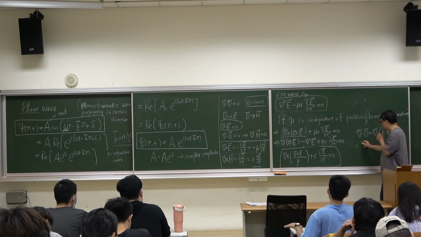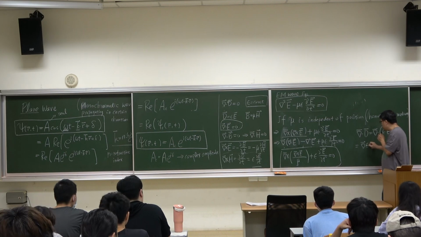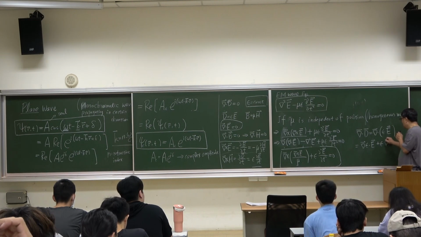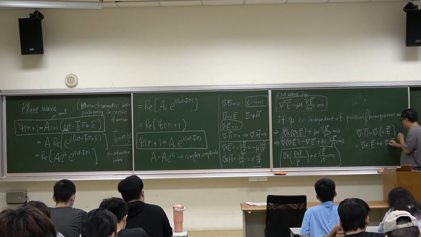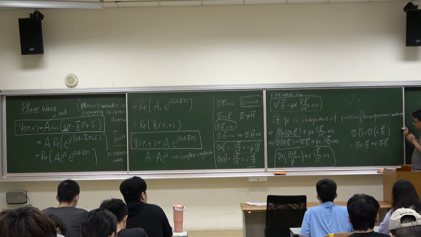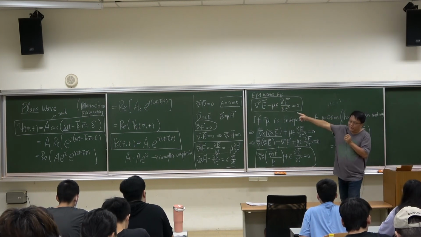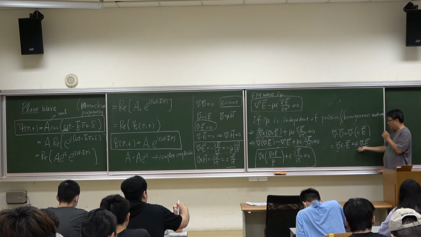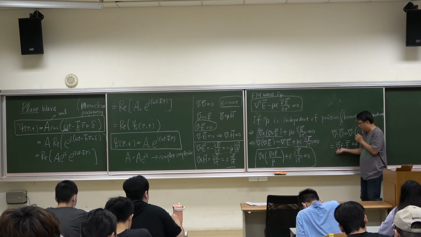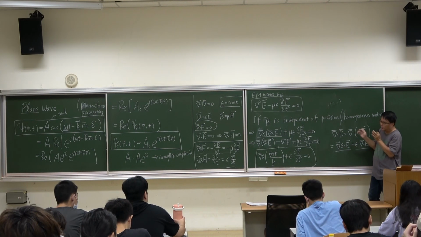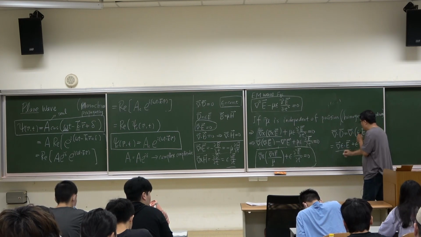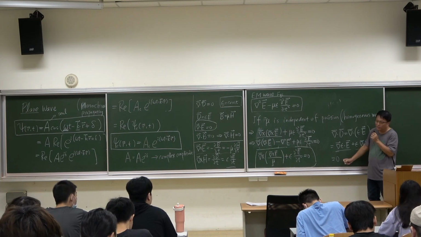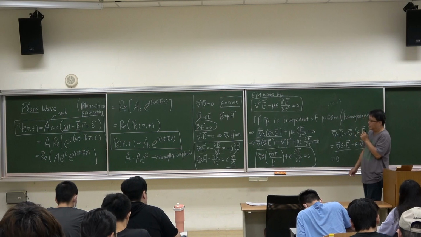The first term is gradient epsilon dot E. The second term is epsilon times divergence E. You see that if epsilon is position dependent, in addition to this epsilon times divergence E term, we also have this gradient epsilon dot E term. Okay? We can conclude only the sum of these two terms equal to 0. Okay, then in that case.